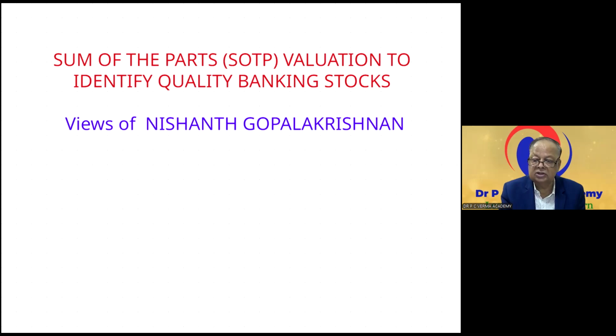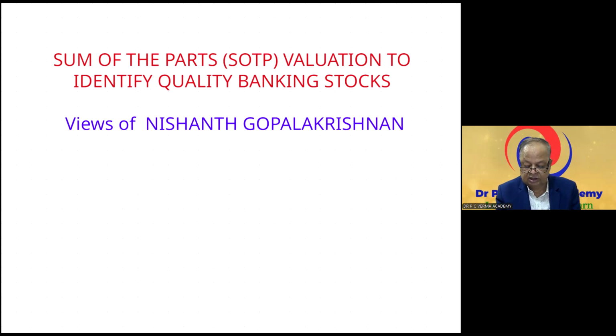Under asset quality ratio, again, there are four key measures to assess the asset quality of a bank: GNPA ratio, NNPA ratio, PCR, and credit cost ratio. And lastly, CRAR, capital to risk-weighted asset ratio.